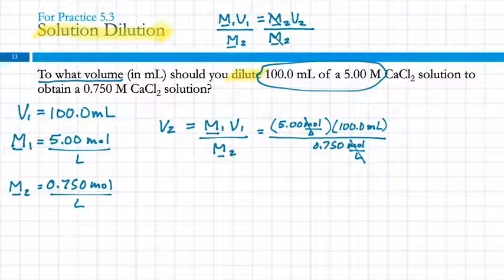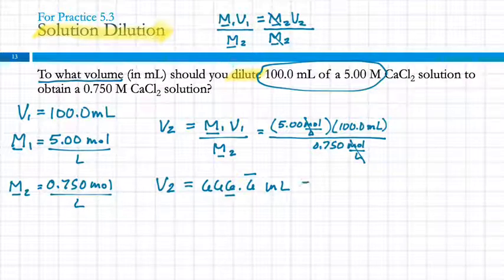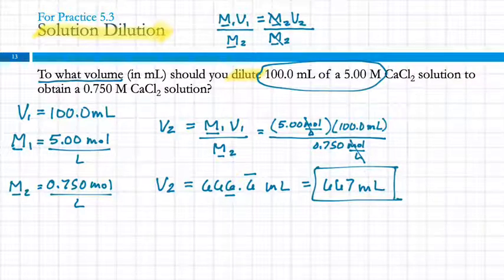5 times 100 divided by 0.75. So volume 2 equals 666.6 repeating milliliters. How many sig figs? 3. So this is going to round to 667. Phew, that was almost a scary number. Milliliters. Does it make sense?